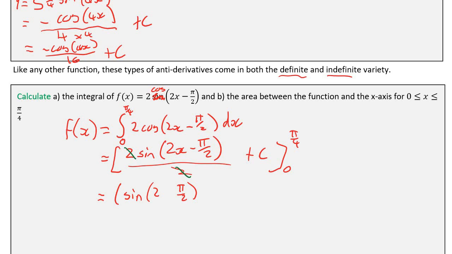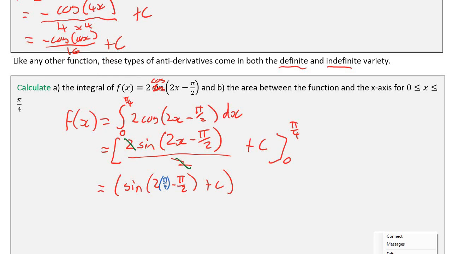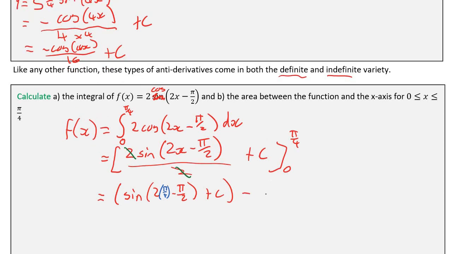My upper bound? Yeah. So pi on 4. Plus c. And then what we do is we subtract away the same thing.